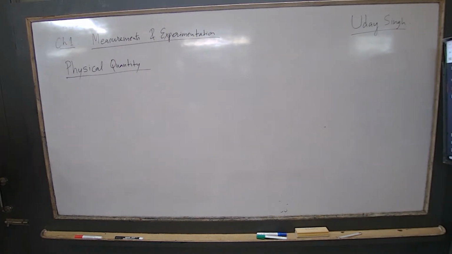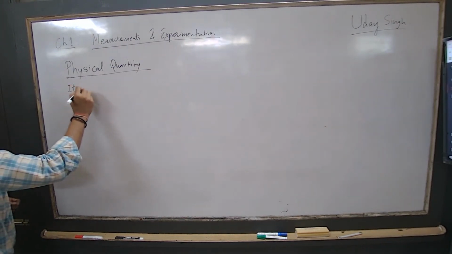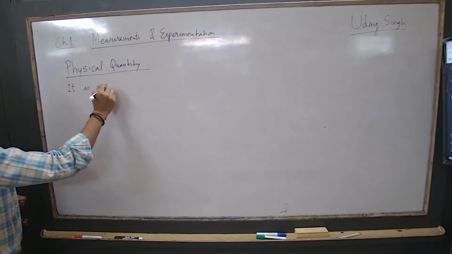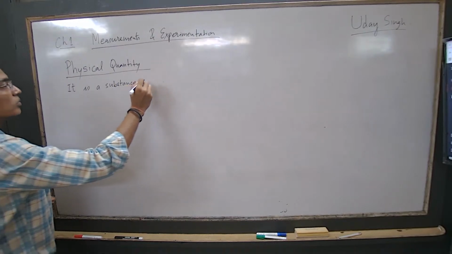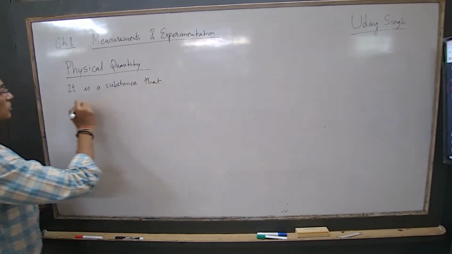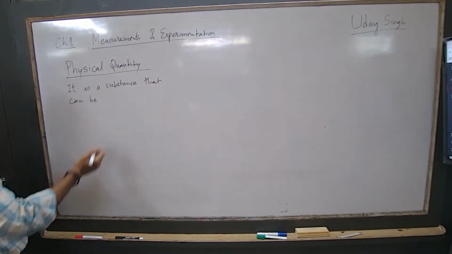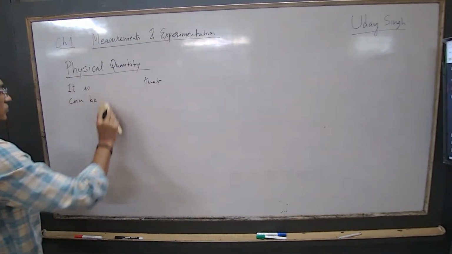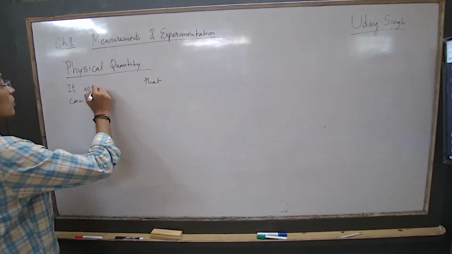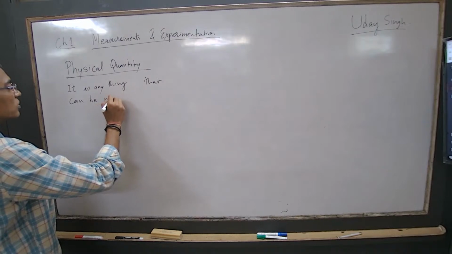So, what is a physical quantity? It is anything that can be measured.